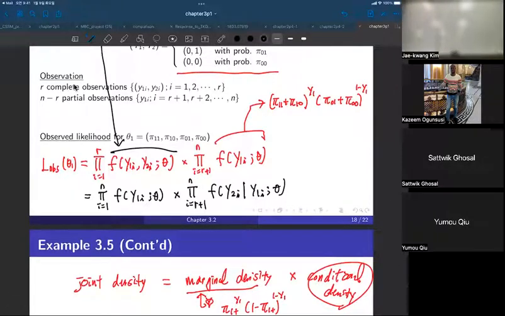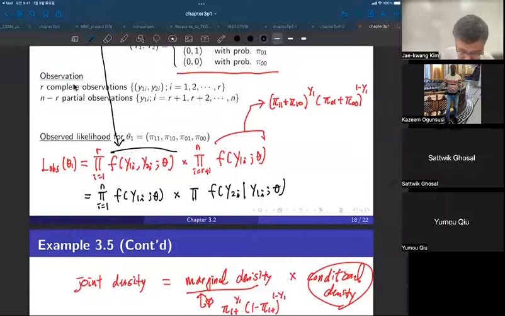So this is joint. Joint is a marginal times conditional. The marginals can be combined together from 1 to n, and then the conditional is separate. Sorry, I made a mistake. This is not correct.